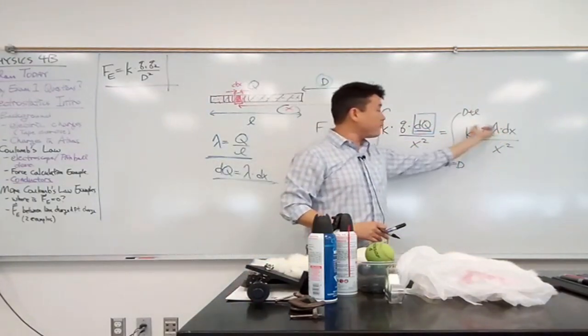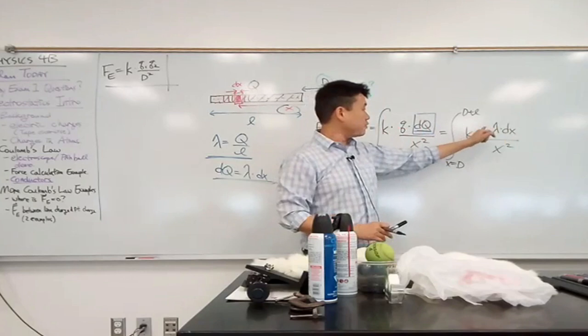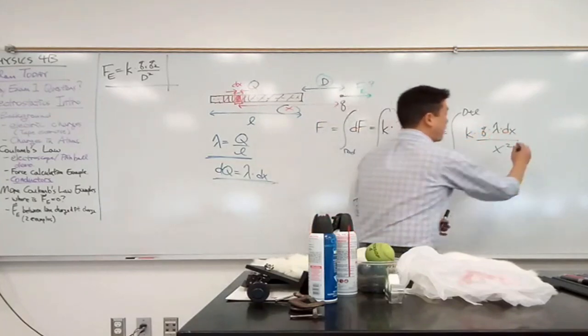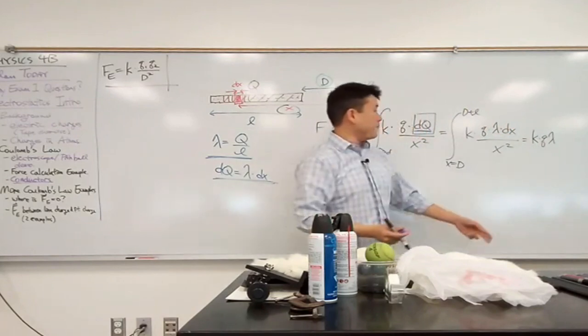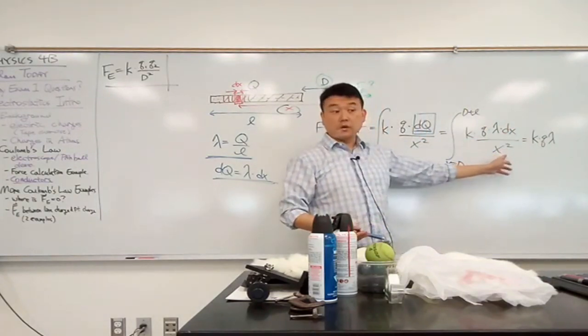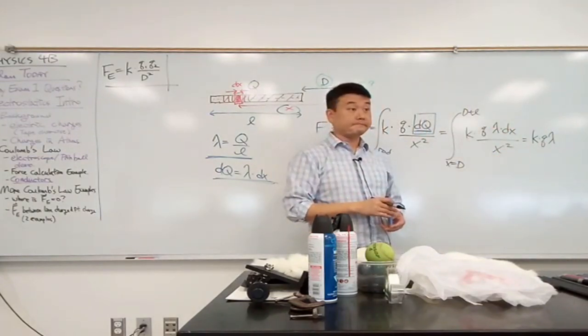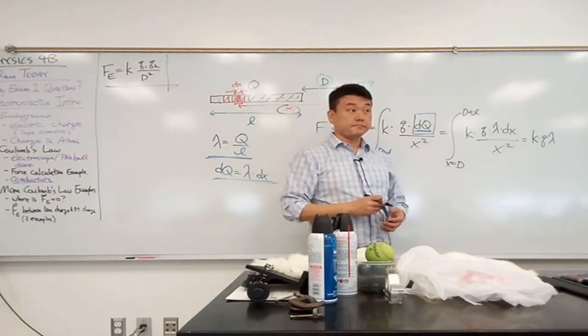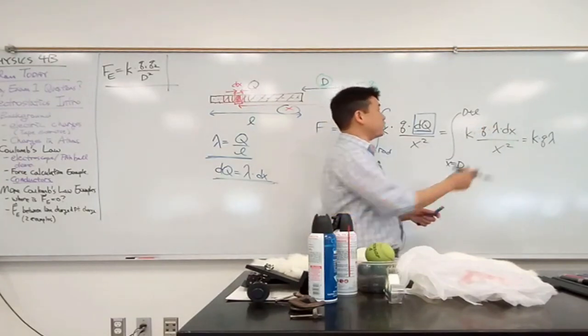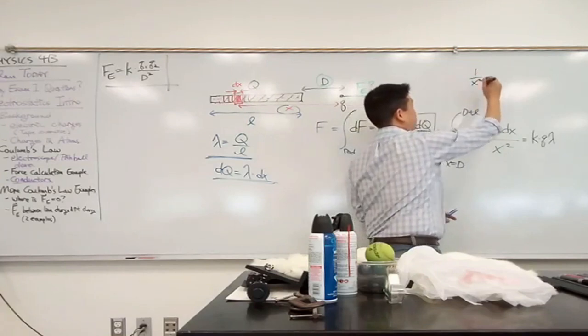I'm going to pull out everything that's constant: k, q, lambda. The only thing that's remaining is dx over x squared. What's the antiderivative of 1 over x squared?